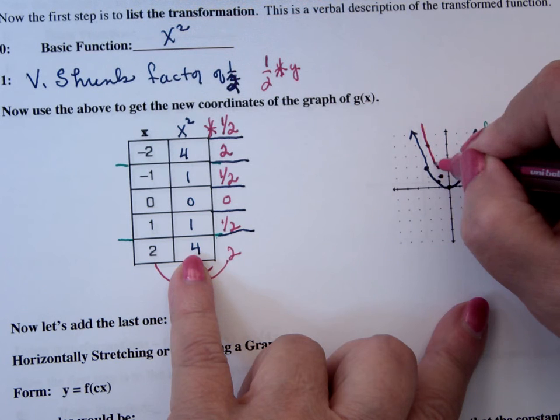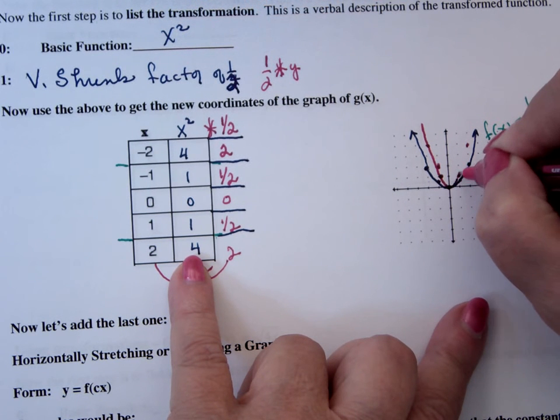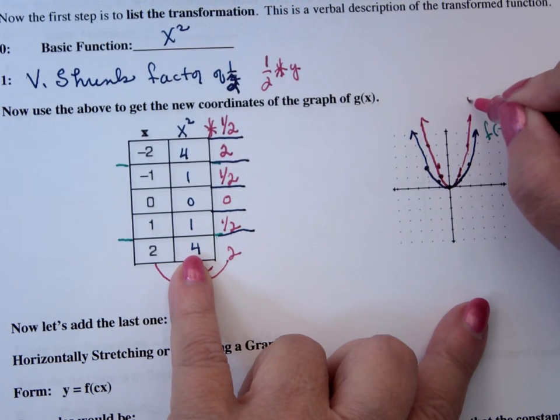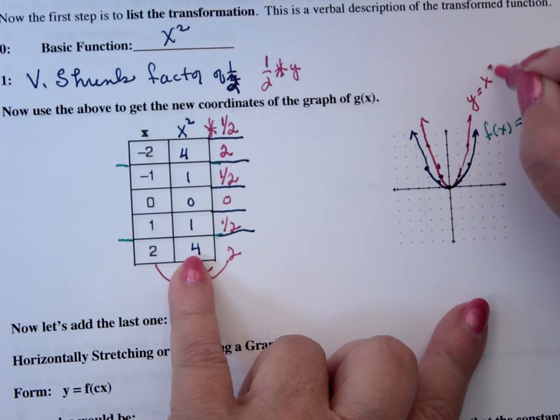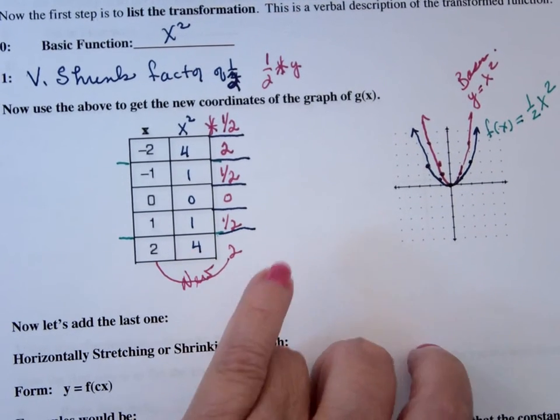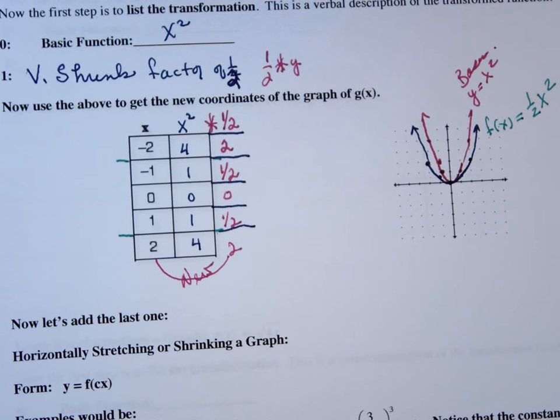So, does it meet my expectations? This is the basic graph. Is my new graph wider than my old graph? Yes. And that's what the vertical shrink does.